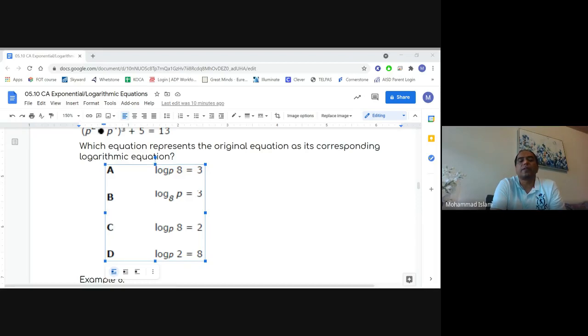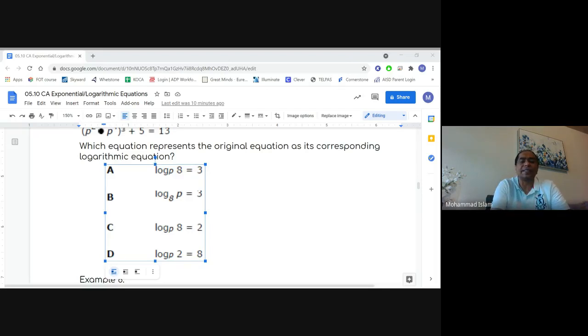Now what we do is we have the exponential expression, we take the log. So we will have 2 log of p is equal to log of 8. Wait a minute.